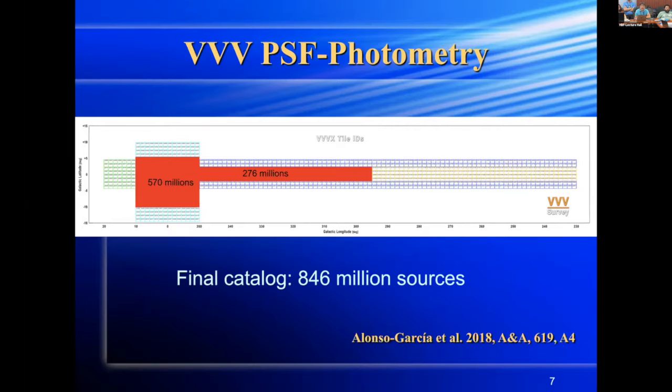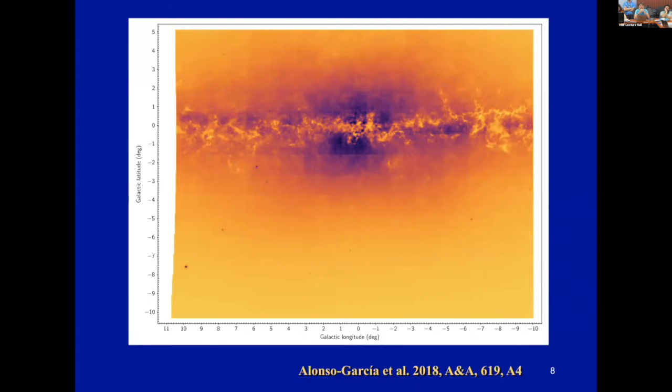If you take all these sources and plot them according to their positions in the sky, you get a picture like this. This is a density map of all of the sources that were detected by the VVV. And there you can find the clusters as the small black dots that you can see here and there.